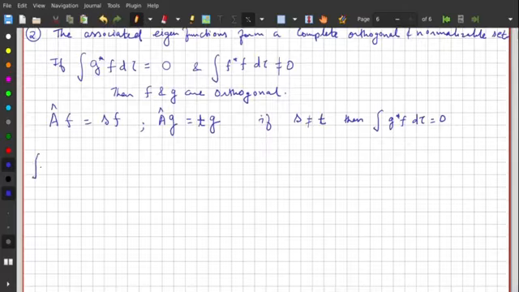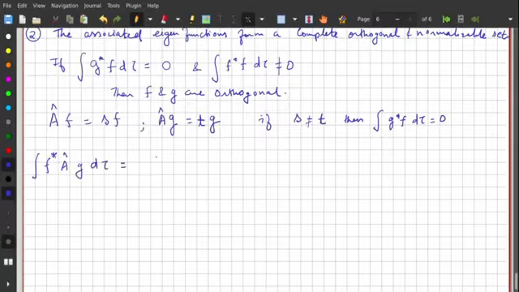So the integral of f star A g d tau is equal to the integral of A hat f star g d tau.